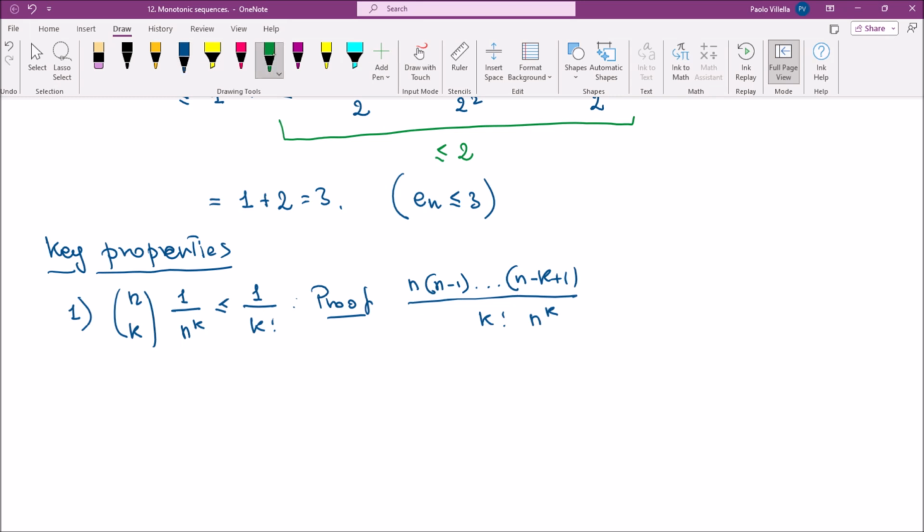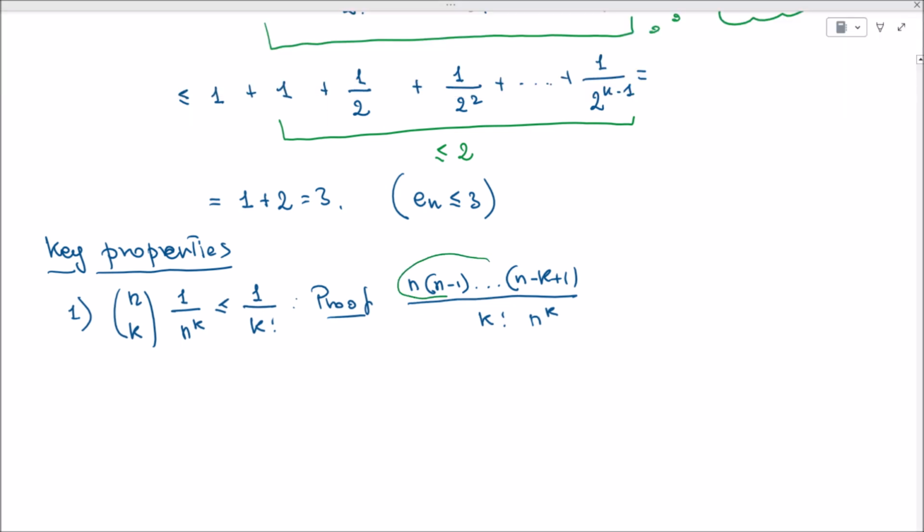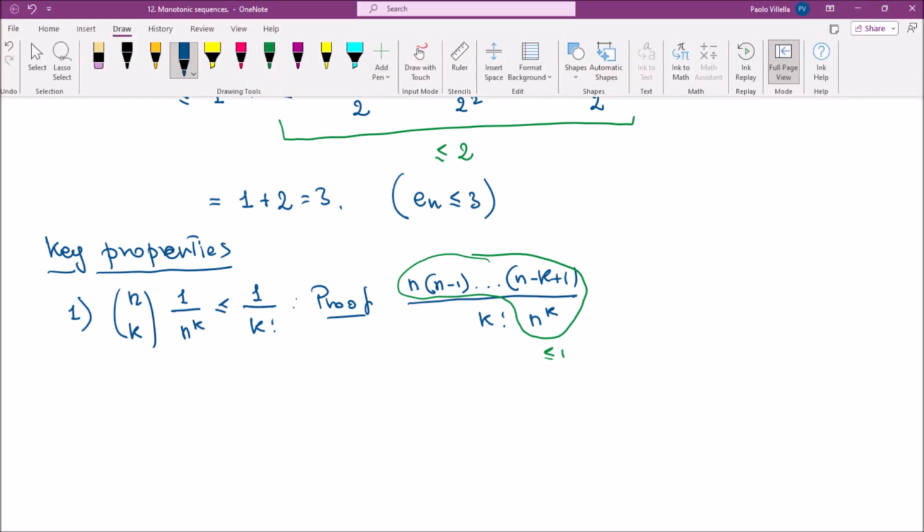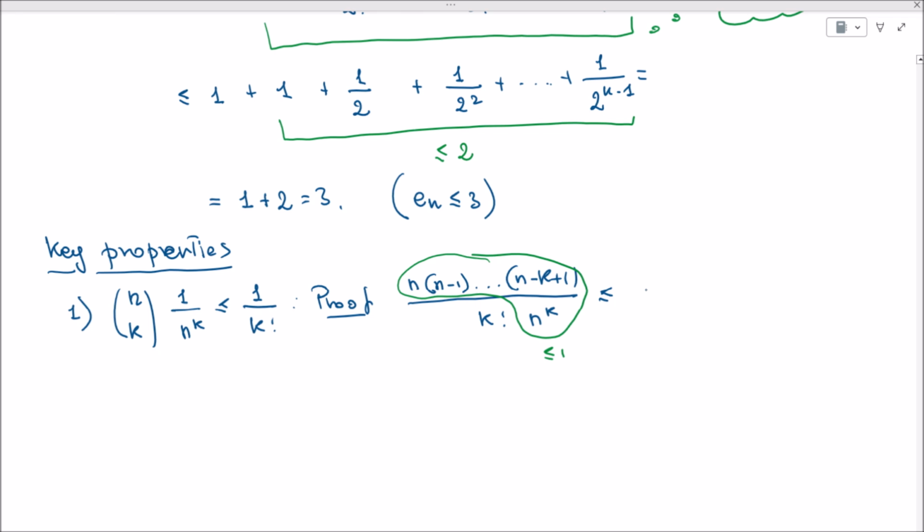We then isolate this term, saying that this is less than or equal to 1, and therefore we conclude that this is less than or equal to 1 over k factorial. So this proves the first property.